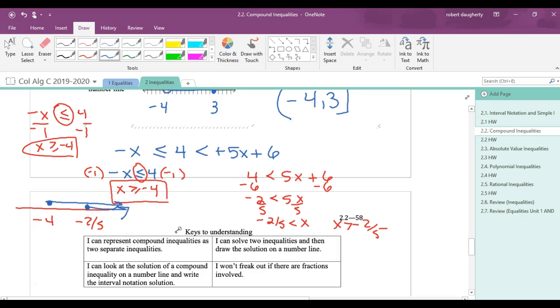What numbers are greater than this number and at the same time greater than this one? What numbers satisfy both conditions? Look at the drawing, okay? I need numbers that satisfy this part and this part at the same time.